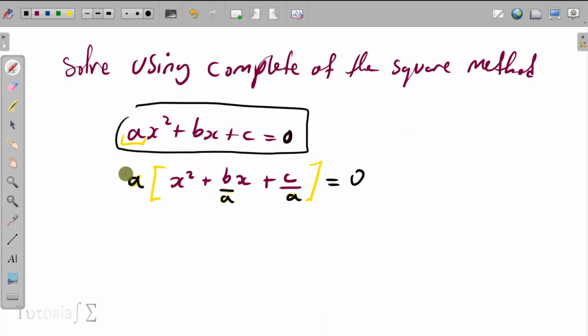So factoring out, whatever you factor out, you put it over everything else apart from the x squared. Then when you reach this stage, this is where you need to complete the square.